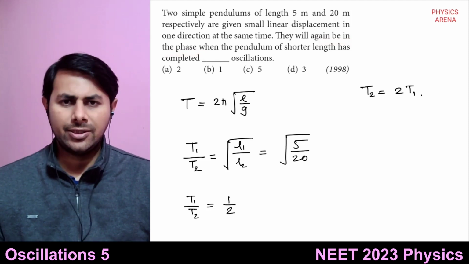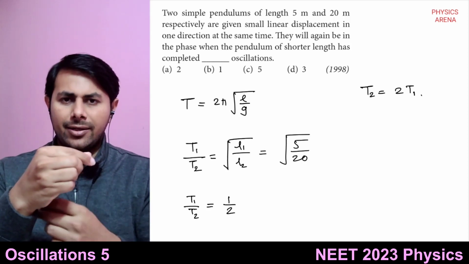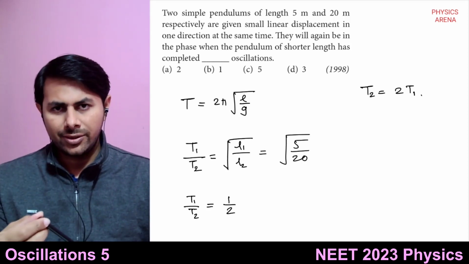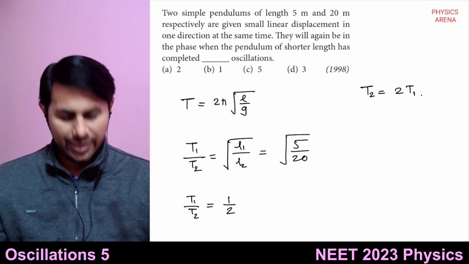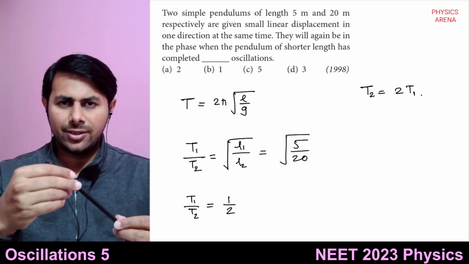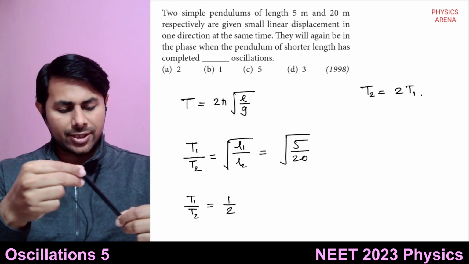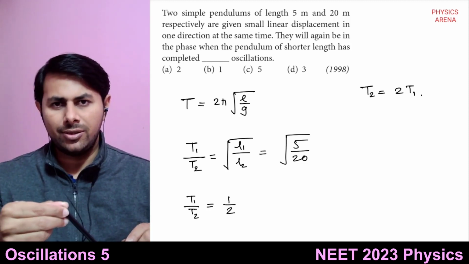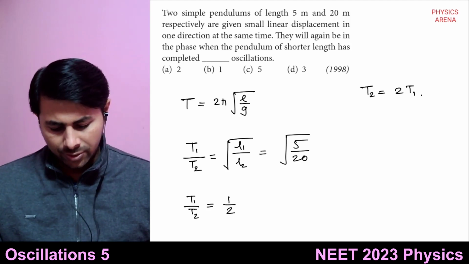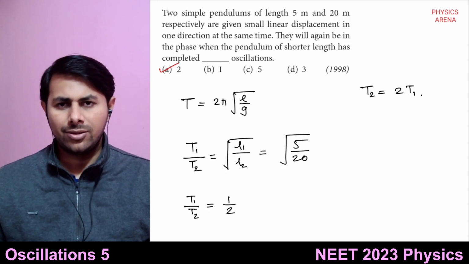That means if they start from the same position, when will they come back at the same position? When the first pendulum has completed 2 oscillations, because only then the second one will complete 1 oscillation and come to the same position, right? So the answer is option A. First one completes 2 oscillations.